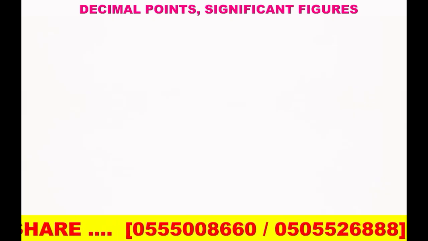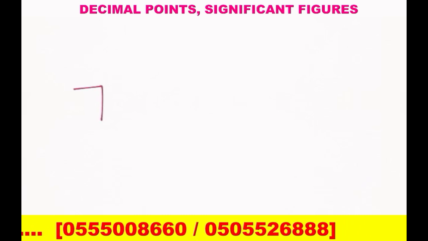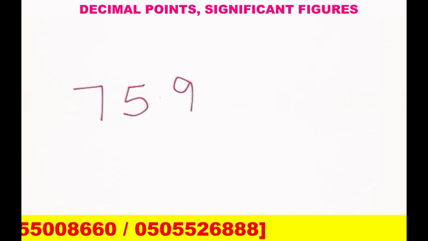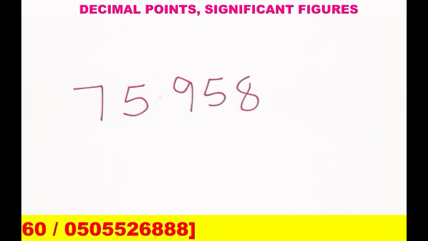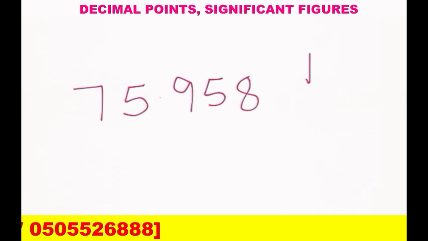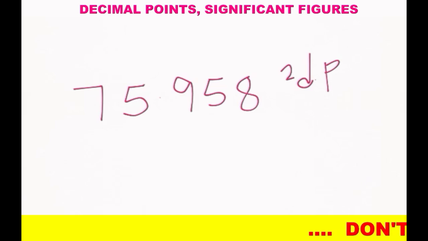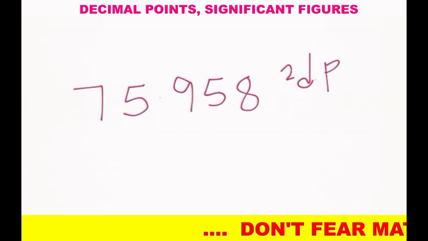Now let's take 7 5.958. Let's convert it to 2dp. As I said earlier, when we talk about the decimal places, our focus should be on the numbers that come after the point.